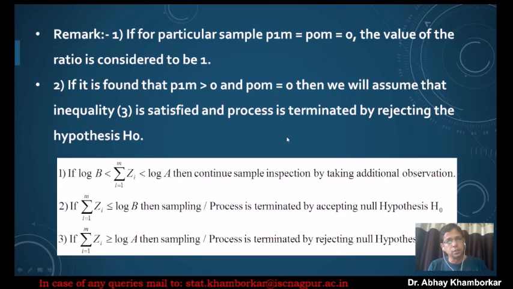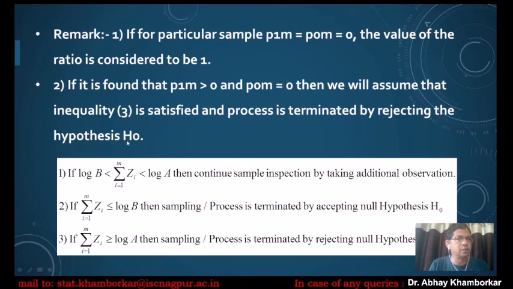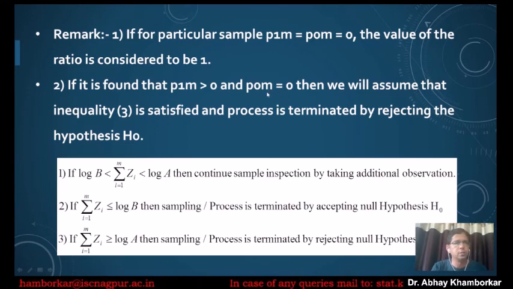Then in such a situation we will assume that inequality 3 is satisfied and the process is terminated by rejecting the hypothesis H naught, and that is natural also. p0m equal to 0 is nothing but the PDF under H naught. So we have to remember that if p0m equals 0, then we will consider this situation as satisfied.